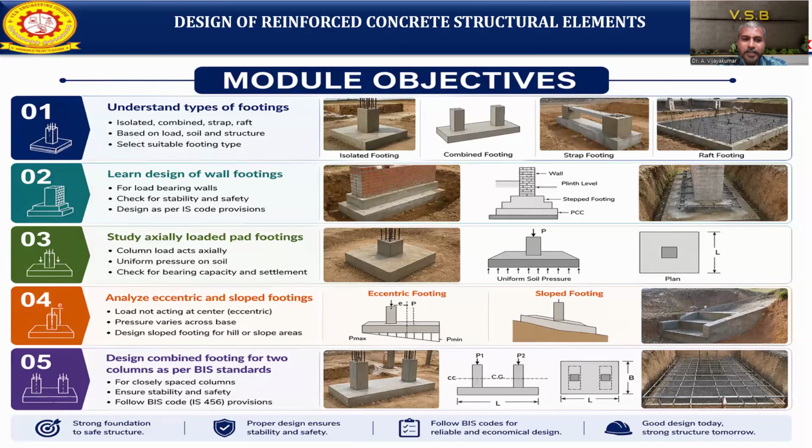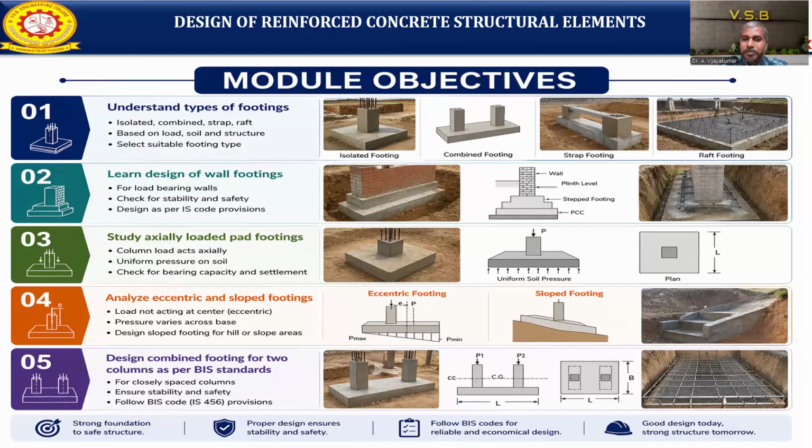Finally, as a learner, we need to understand the design of a combined footing for two columns based on IS 456:2001. So the overall objective of this module is to design a strong foundation to keep the structure safe.